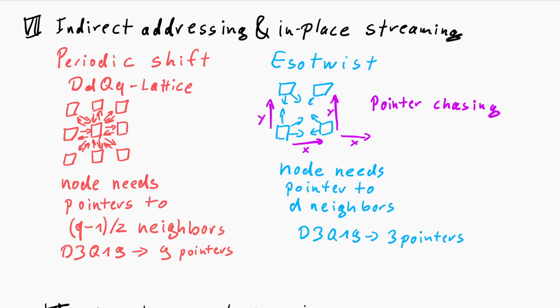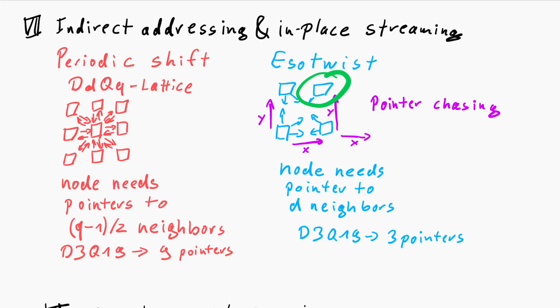And then, because you have this data locality, you can still use pointer chasing. So if you need to go, for example, to this node here, you need the information only in a specific direction. But you also need it from this node here.